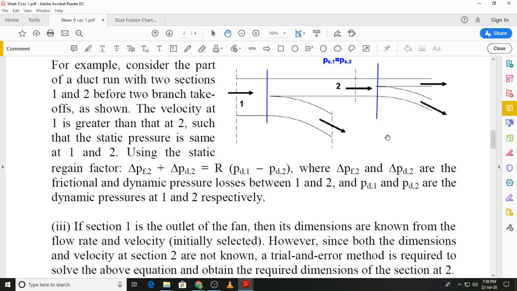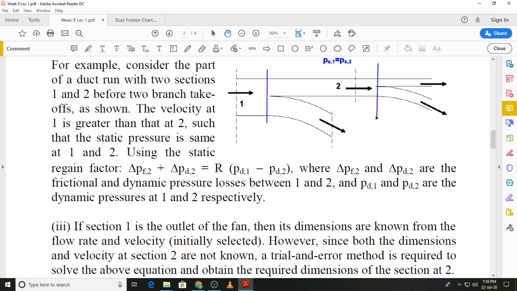Let's say at section 1 the static pressure is 50 pascals and we have a velocity of 8 meters per second, which will be equal to 38.4 pascals using a standard density of air of 1.2 kilograms per meter cube.